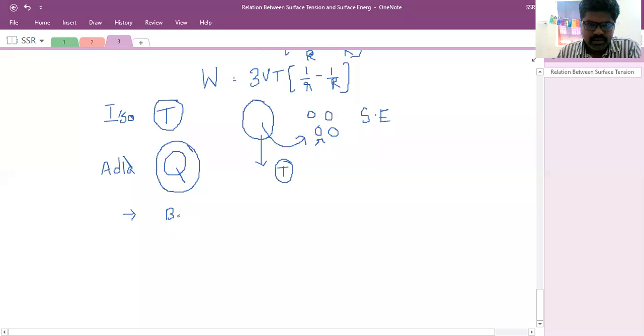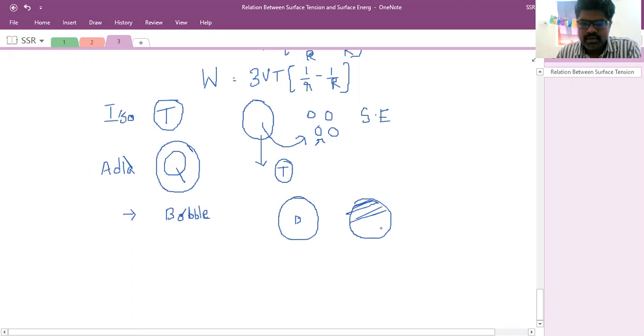Bubble means what? Suppose you take a soap bubble. What is the difference between a bubble and a droplet of water? Anybody can say the difference? D for droplet, B for bubble.